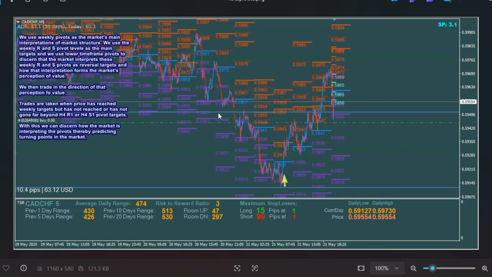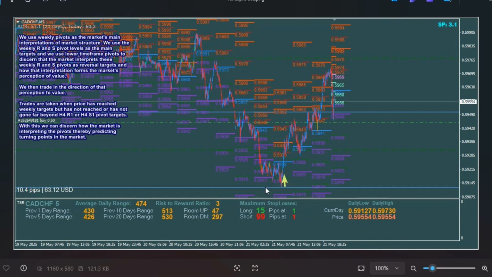This right here is the weekly S1, and this level right here is the weekly S2. Price comes down and hits the weekly S2. This weekly S2 serves as the main target. Now, the market can interpret the weekly S2 target in different ways.